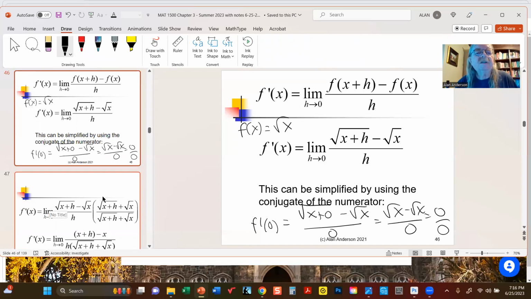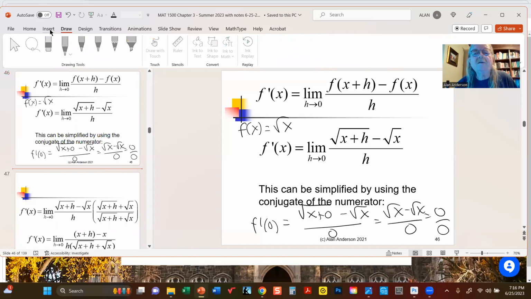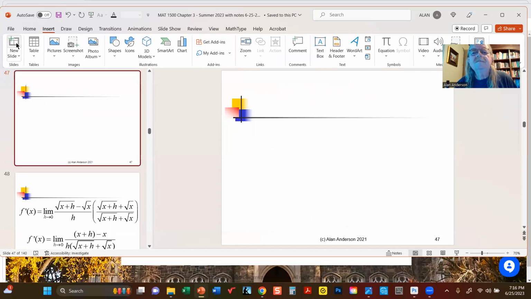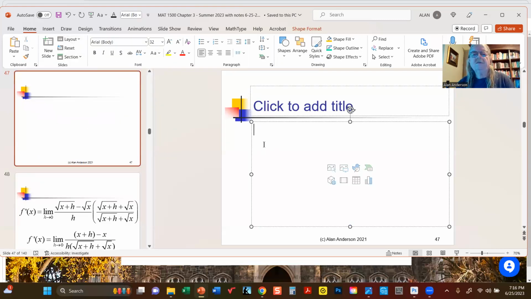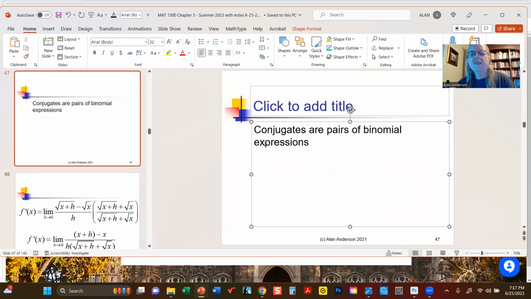Now, remember, we discussed this the other day. Conjugates sometimes can be very helpful, especially with square roots. What are conjugates? Okay, conjugates are a pair of numbers. Actually, what I should say is not so much numbers, but binomial expressions, where the sign of the second term is different.